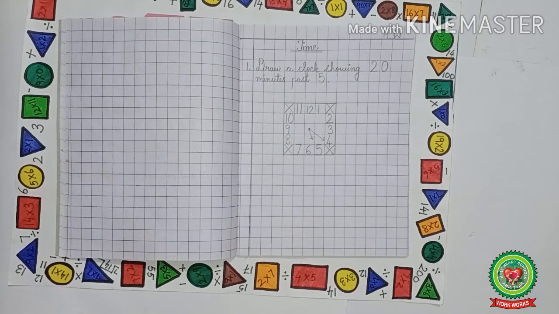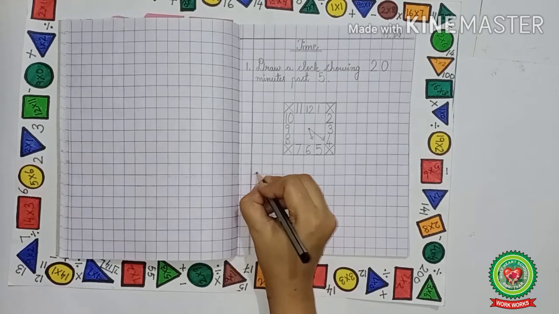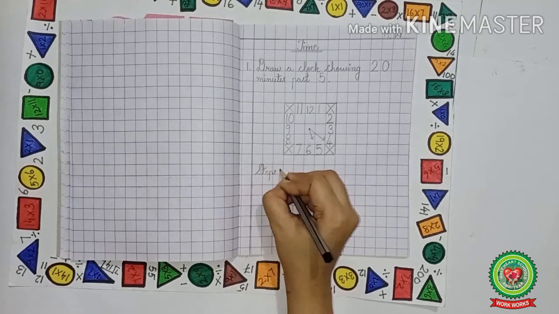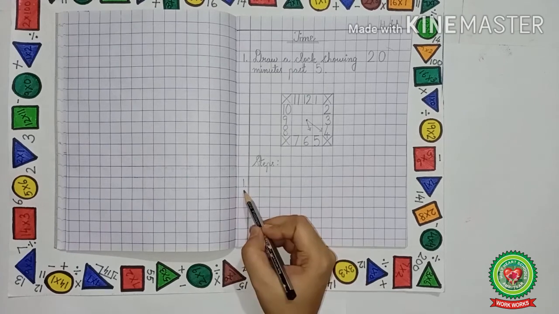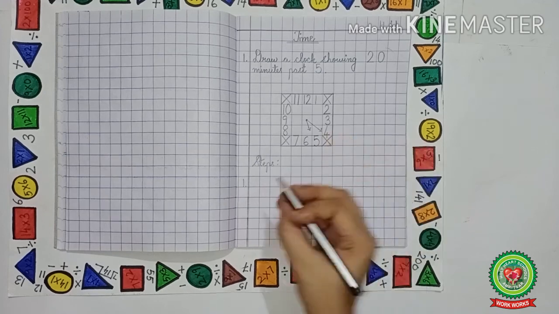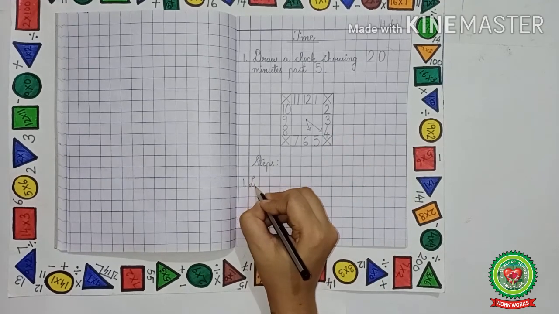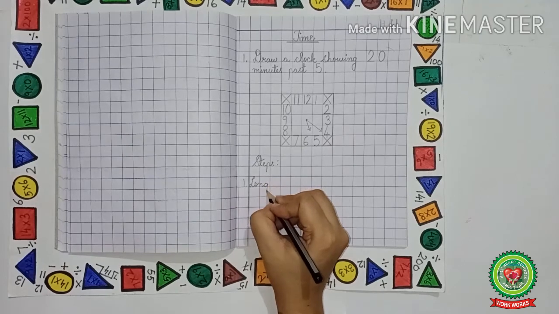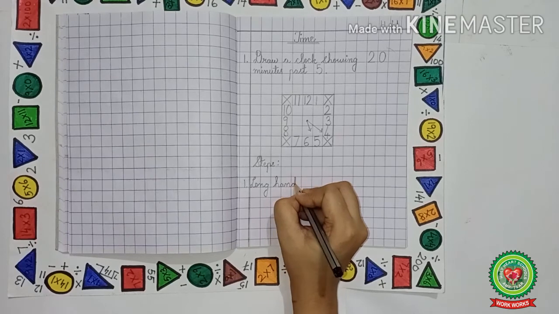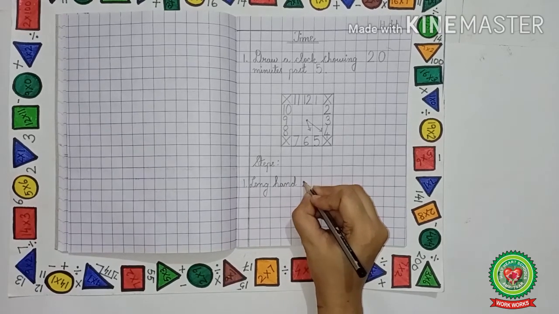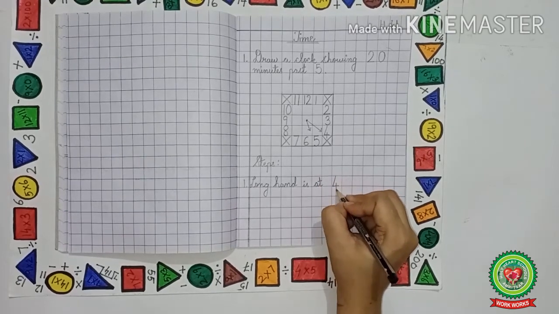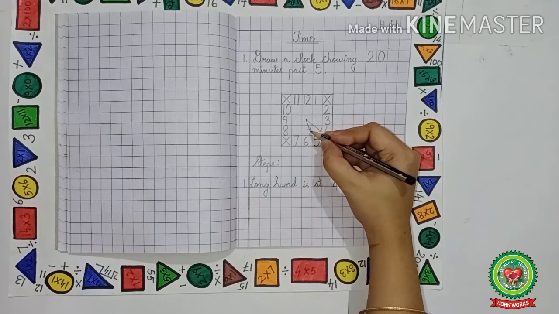Now, we can easily write the steps. So, first step will be, where is the long hand? Long hand is at 4. So, here we will write down: long hand is at 4. Now, where is the short hand?